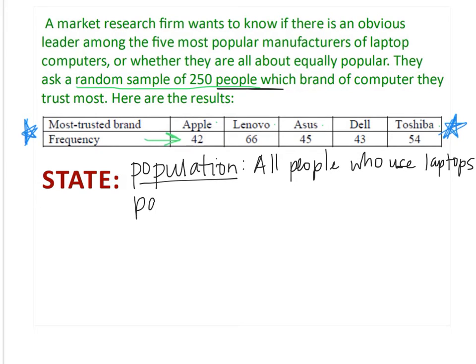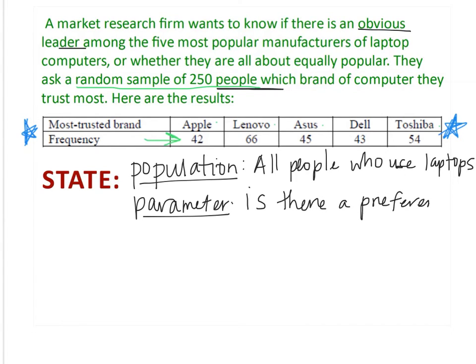The parameter, or what I'm measuring, is there an obvious leader among manufacturers of laptop computers? Or, kind of in general speak, is there a preference in laptop manufacturers?